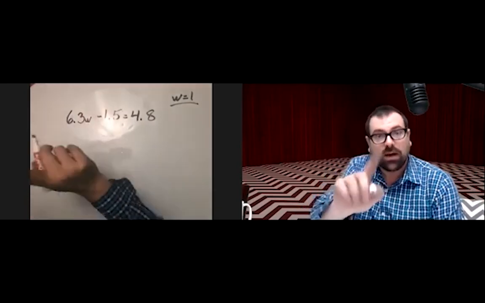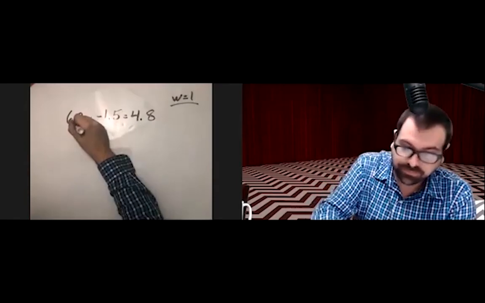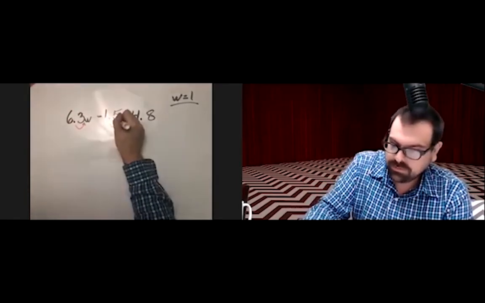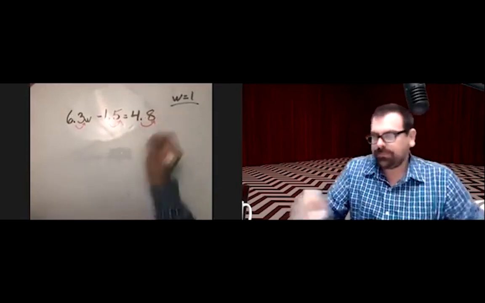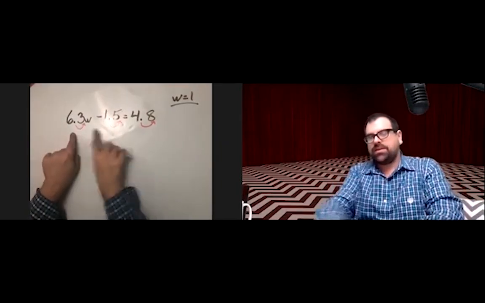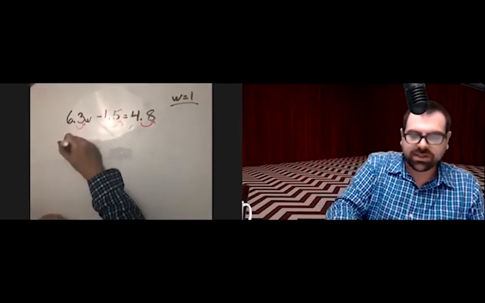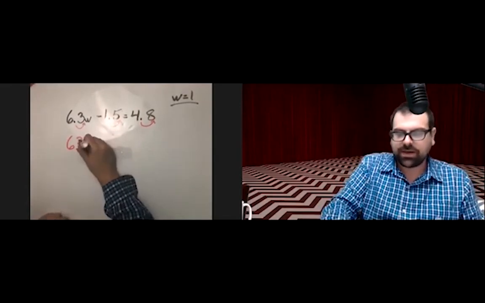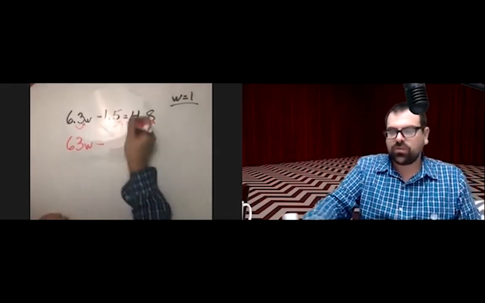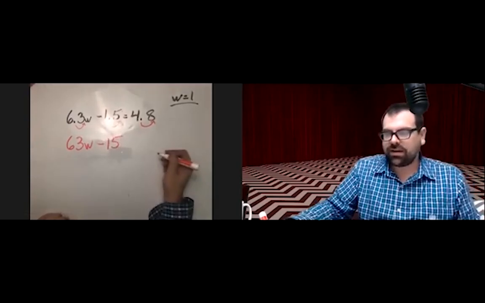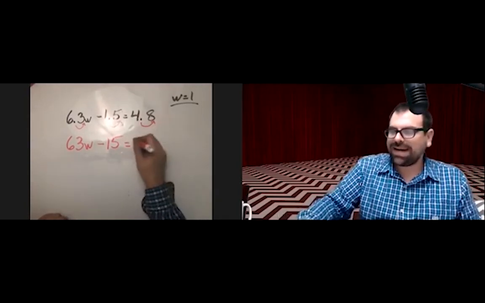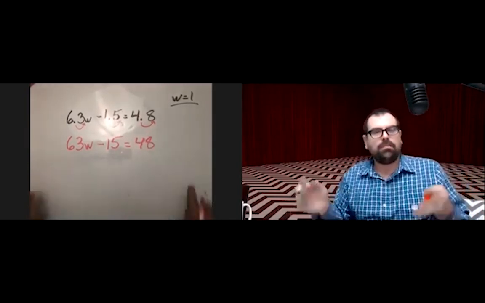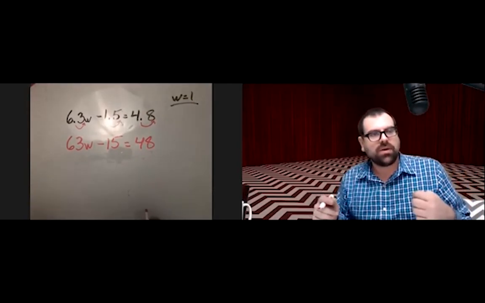So here it would require 1 everywhere, because that's going to turn each of these into a whole number. It's going to turn 6.3 into 63w. It's going to turn 1.5 into 15. It's going to turn 4.8 into 48. And then boom, no more decimals in the problem.